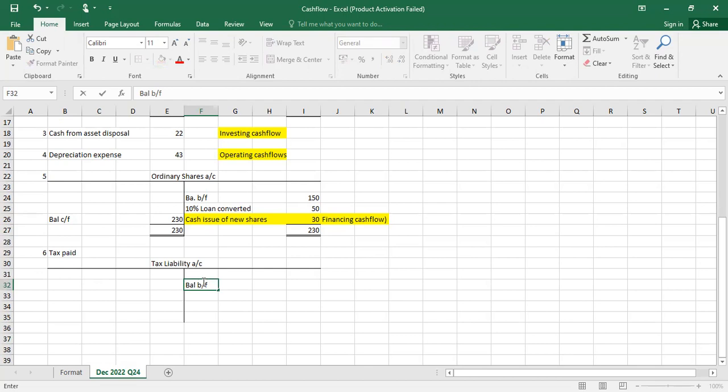Now looking at the balance sheet, the liability, you find that under the current liabilities, there is an item which the question calls the income tax payable.